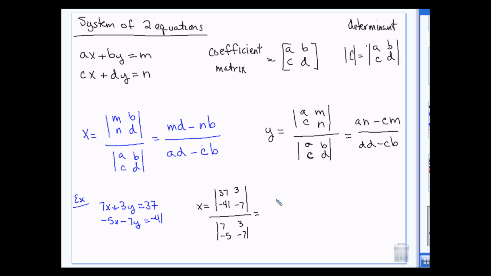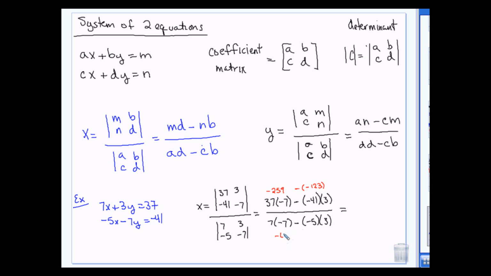So I cross multiply. So 37 times negative 7 minus negative 41 times 3 over 7 times negative 7 minus negative 5 times 3. So I'm doing that cross multiplication. For ease of space, this is going to be negative 259 minus negative 123.